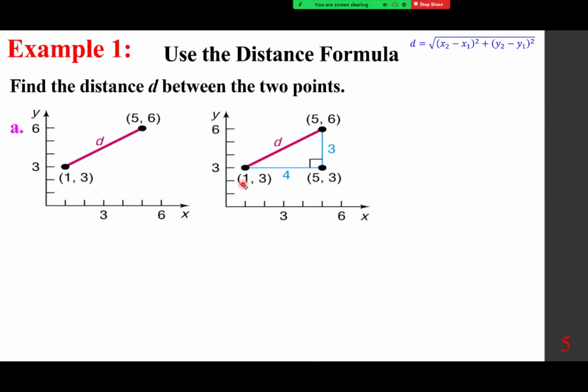And then 6 minus 3, which would be y sub 2 minus y sub 1, 3. And square it, and that's d squared according to the Pythagorean theorem. This is 16. This is 9. They add up to 25, and the distance is the square root of that, which is 5.